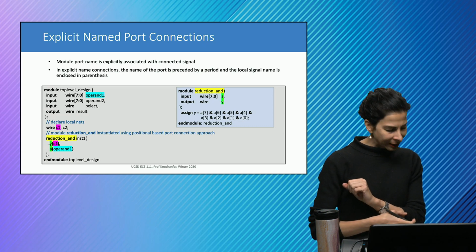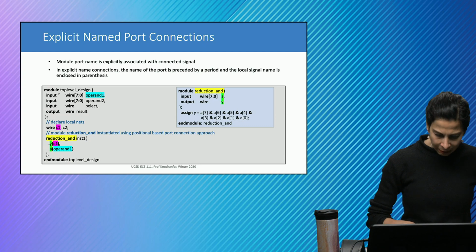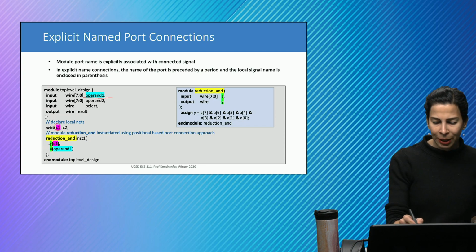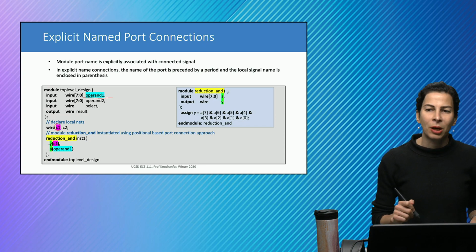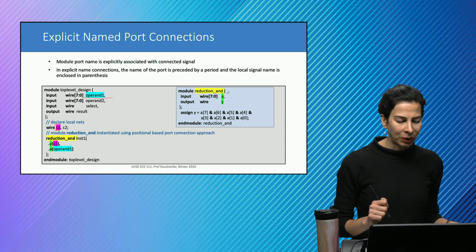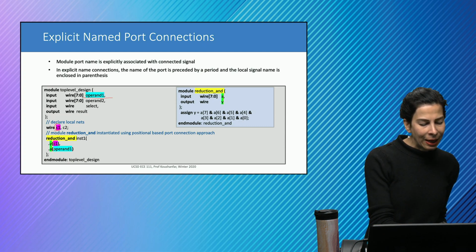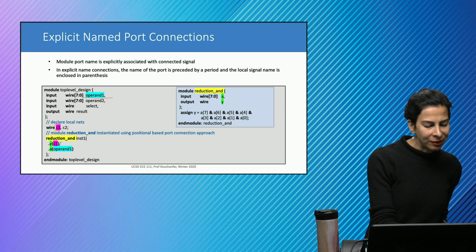So in the earlier example, with operand 1 and wire C1 going to that reduction AND module we were calling, we would say .A(operand1) and .Y(C1).